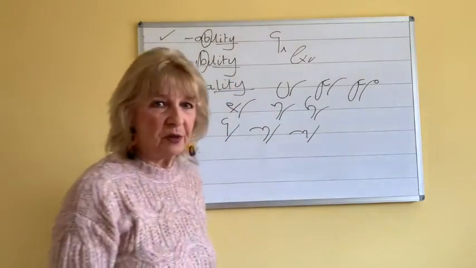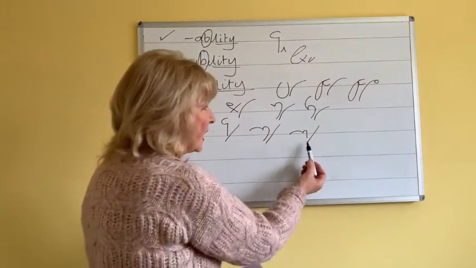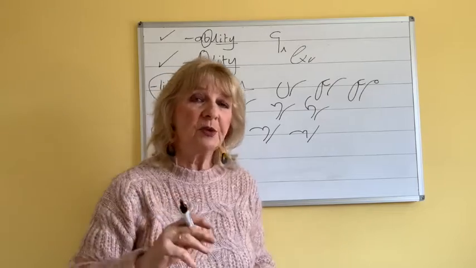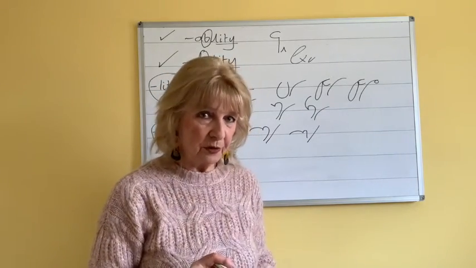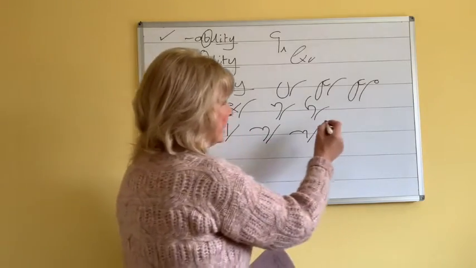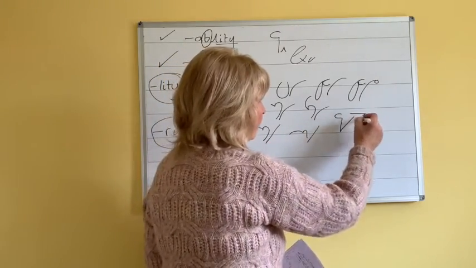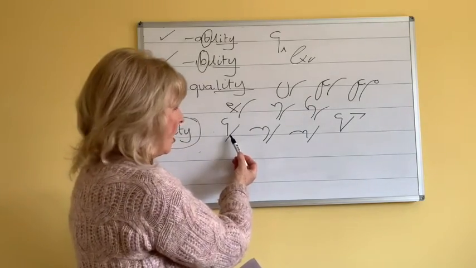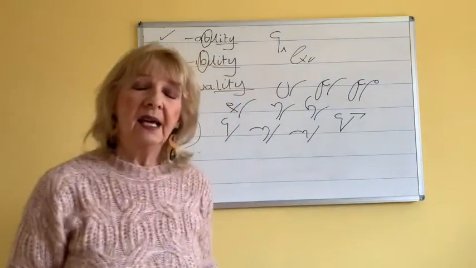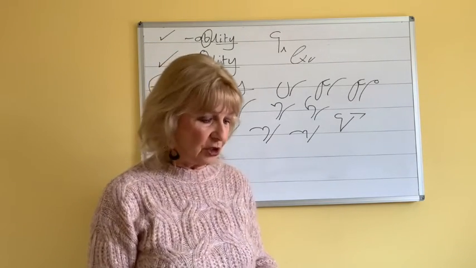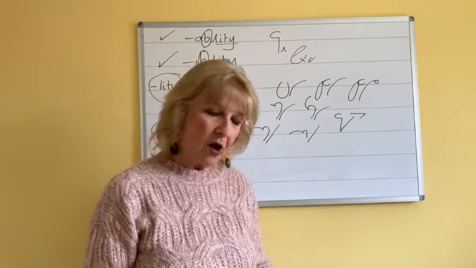Again, not a lot of words that end in ritty, but you can disjoin that R. Now don't make it too big, normal sized R, because we don't want it to be confused with a full stop. Again, if you decided that you're going to write charity in full, you've only got to join the R and add the T and the I, and you've got it in full. As always with Teeline, you do have choices. Those choices are yours.